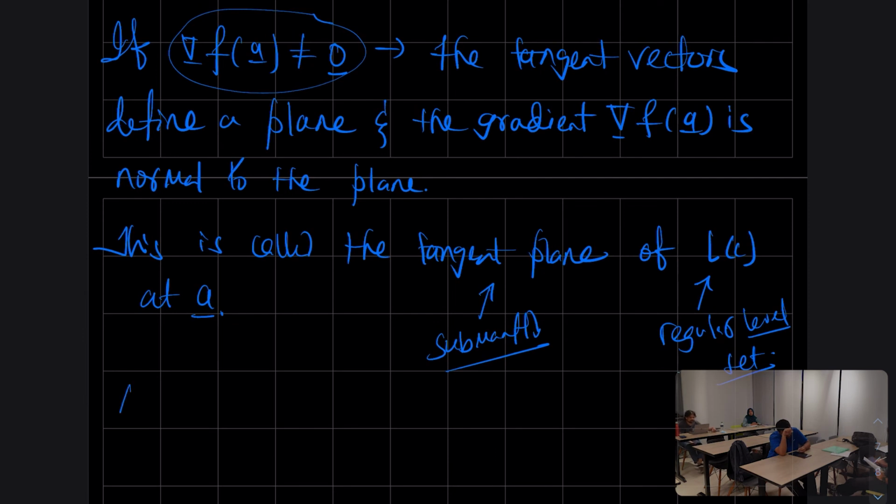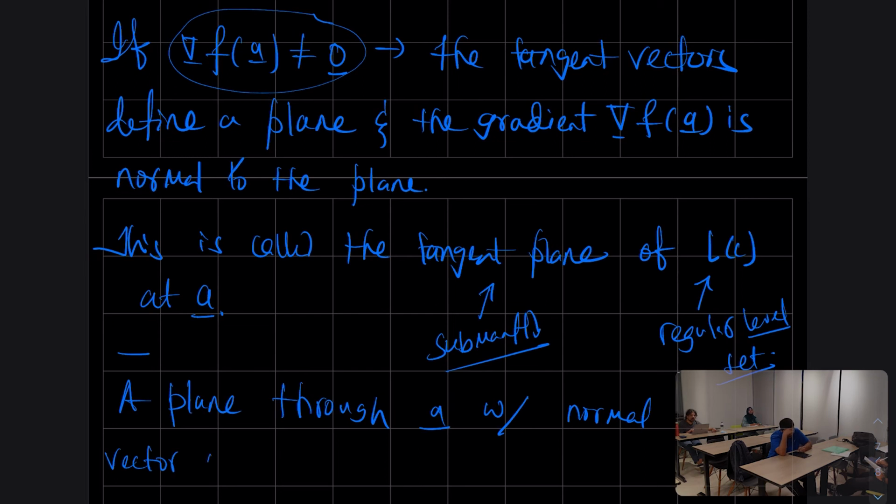Okay, so a plane, now let's come to something more general or generic. A plane through a point with normal vector n. So the gradient to a surface is a normal vector, right? What do you mean by normal vector?